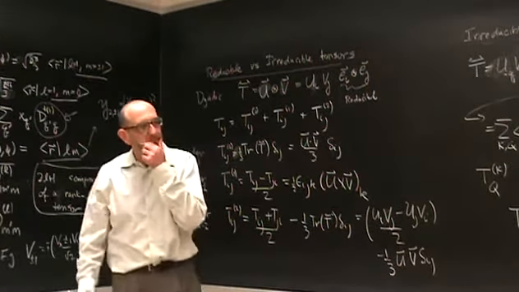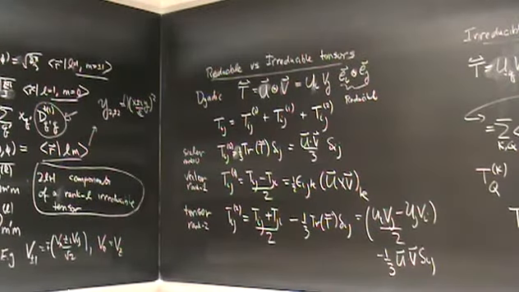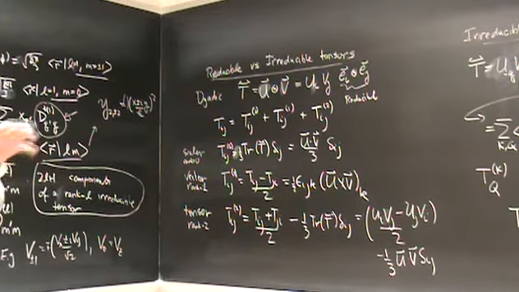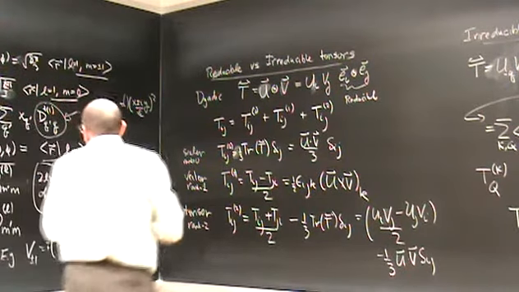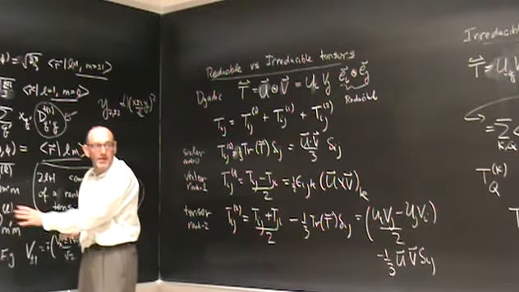Yes? Does the symmetric part have to be traceless to be irreducible? It does. I mean, because I can always break off the trace part of it, and without that, it won't transform according to this rule, which is what we mean by it.